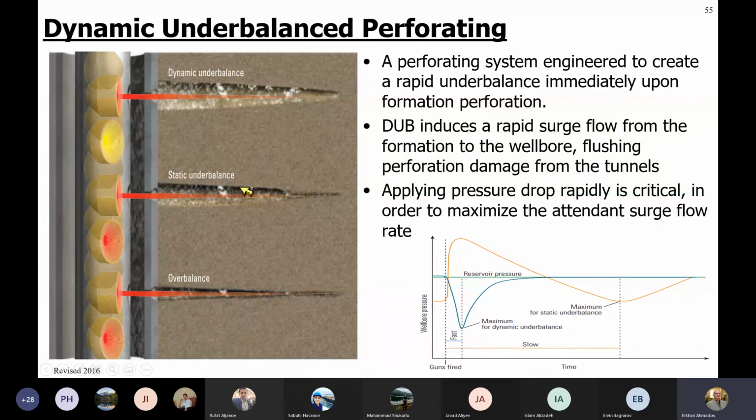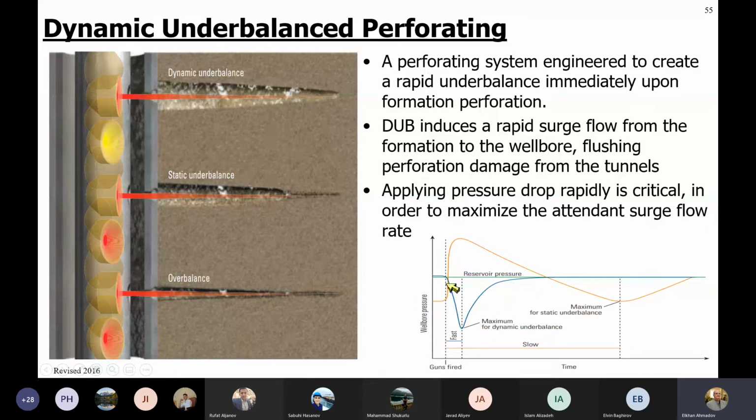In dynamic underbalance, when the charge is fired, at the same time we create, with the gas and some equipment, very low pressure downhole. You can see here the dynamic underbalance graph of the pressure.